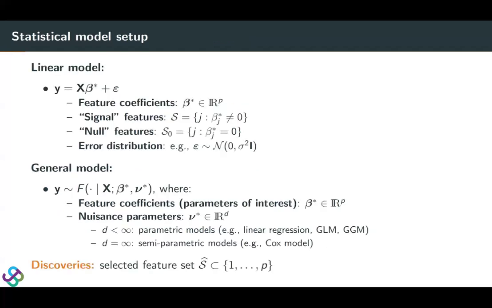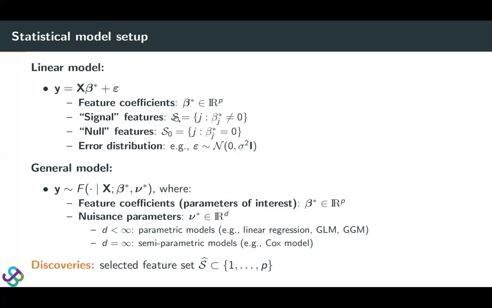Specifically, under a linear model, we can write it in this way, and this is the matrix form we have used in our class. Here we denote the true coefficients as beta star, and among the P features, there is a set we call signal features that have non-zero coefficients. And there's another set we call null features, which have zero coefficients.